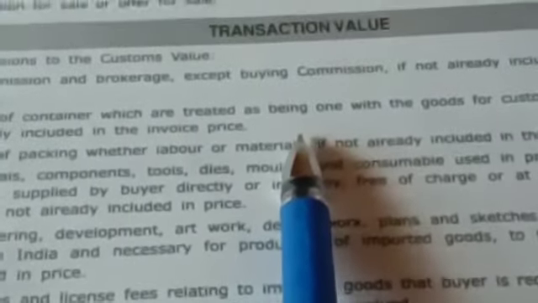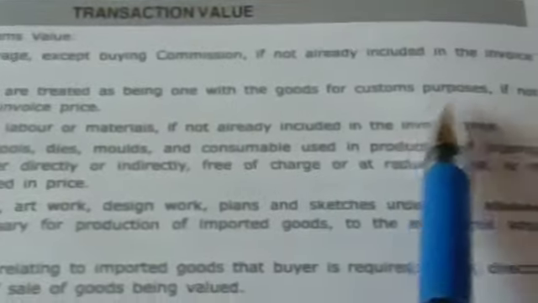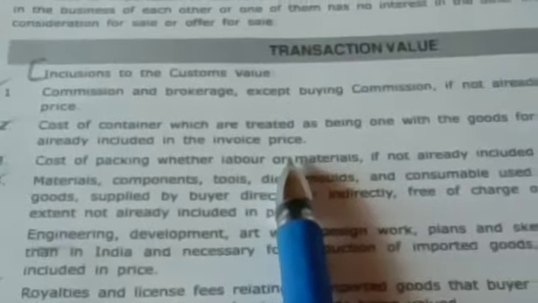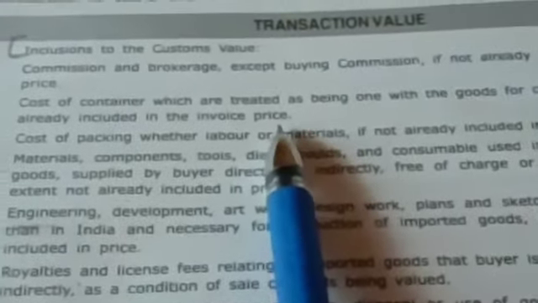And the second one is cost of containers, which are treated as being one with the goods for customs purpose, if not already included in the invoice price. If it is included in the invoice price, there is no need to add again.